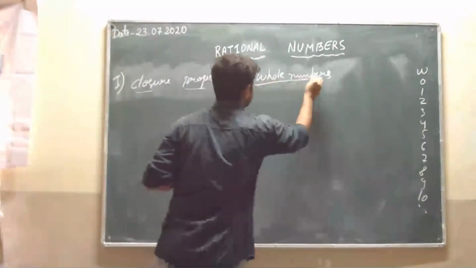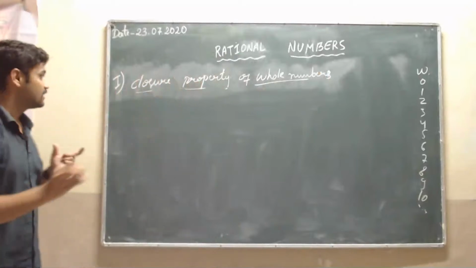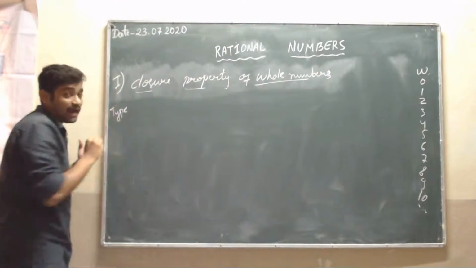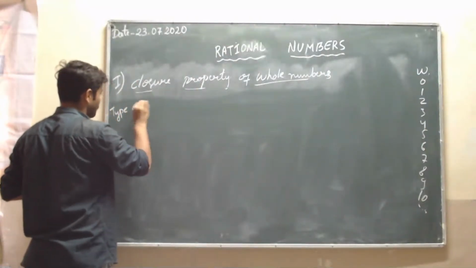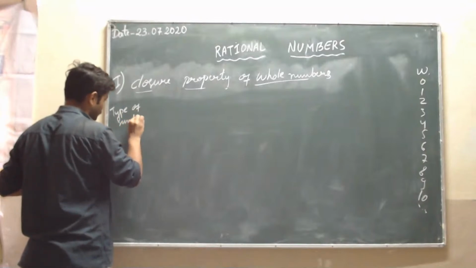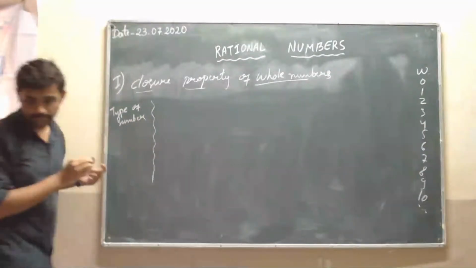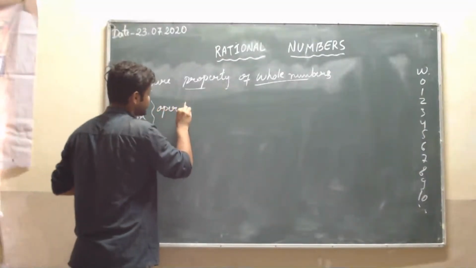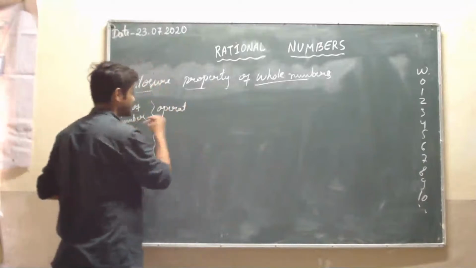Now we are seeing the closure property of whole numbers. First, I will make a table here. This table is important. Take a screenshot of it. One column for the type of number, then operation, that is mathematical operation: addition, multiplication, subtraction, division.